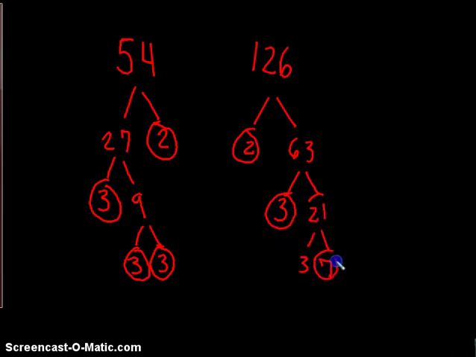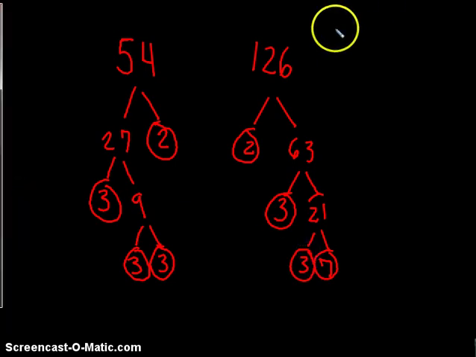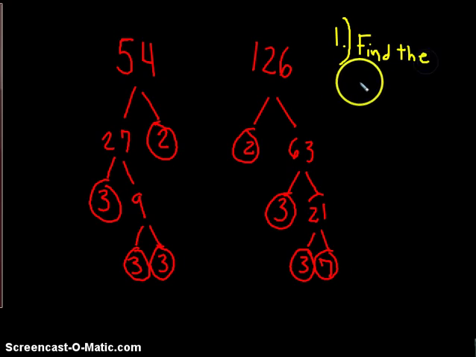The first step of this is much like it is when you find the greatest common factor. As I like to say, find the friends. Excuse my handwriting, it is terrible on the tablet.